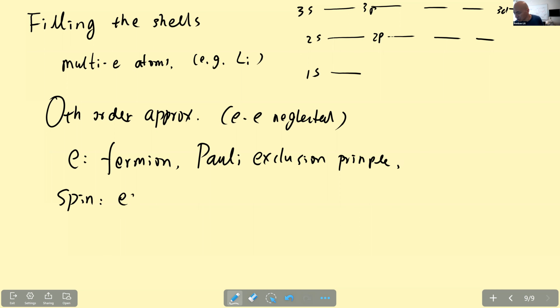And also there's one thing we haven't talked about, the spin. So each orbit has two spin states, say up and down.